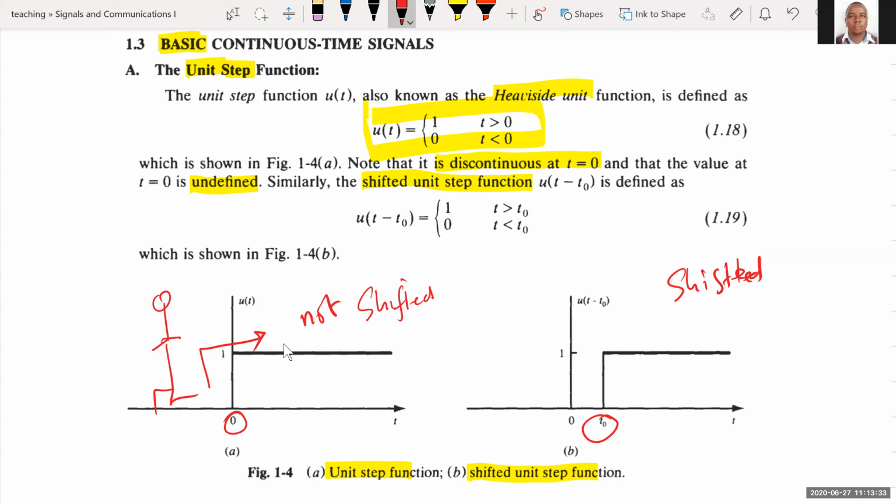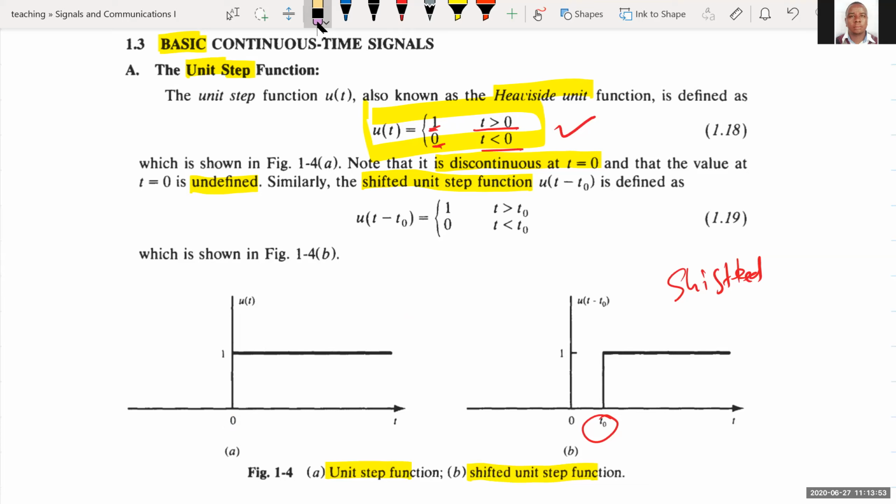But then in mathematical format, you define the step function as equal to 1 for t bigger than 0, and equal to 0 for t less than 0. So as clearly as you can see, before time is 0, our step function has 0 value on this side, but beyond time t equals 0, the value of our function u(t) is equal to 1.